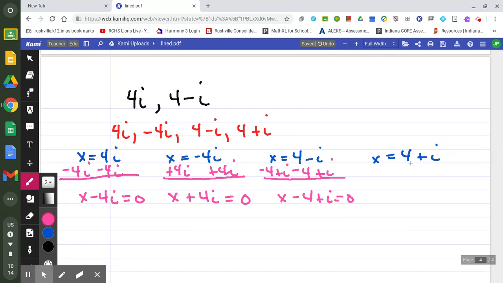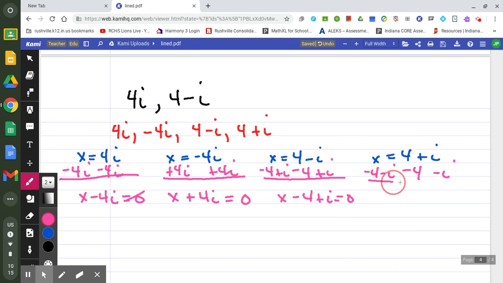And then for this one, minus 4 minus i on both sides.